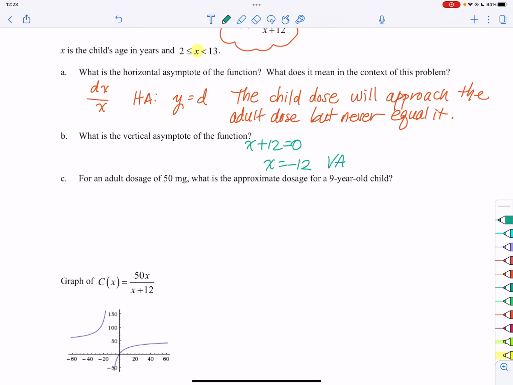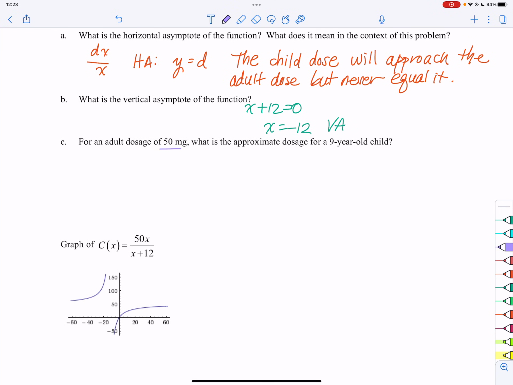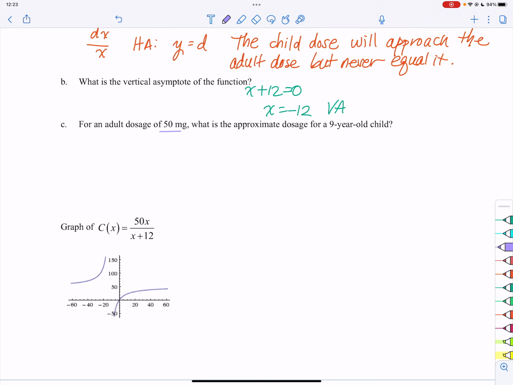And for an adult dosage of 50 milligrams, what is the approximate dosage for a 9-year-old child? Well, this is D equal to 50. And we have C of x is equal to 50 times x divided by x plus 12.